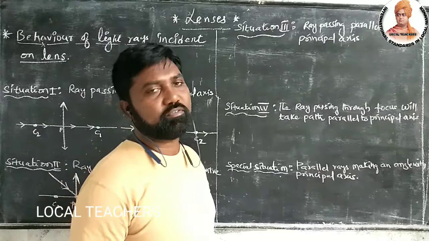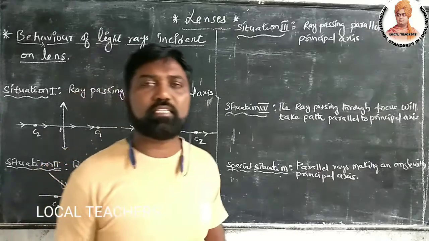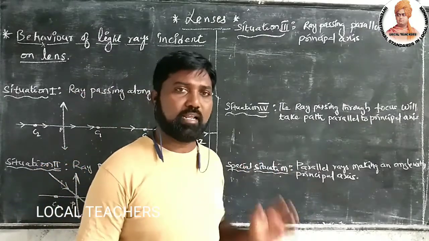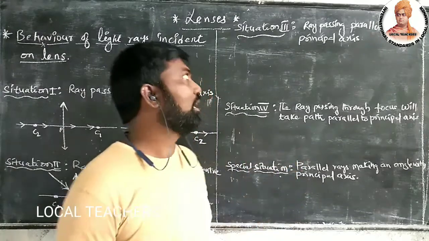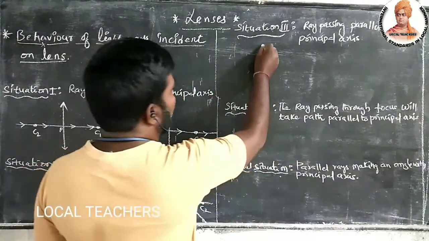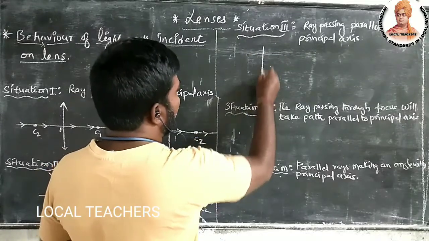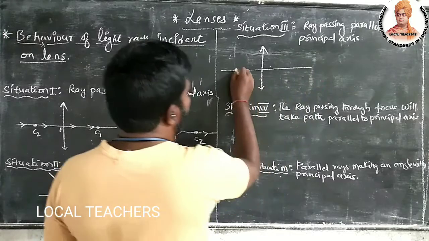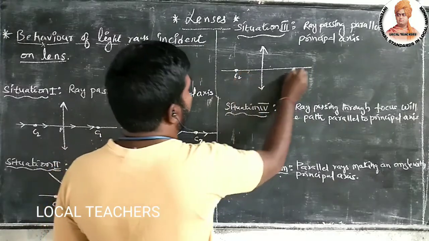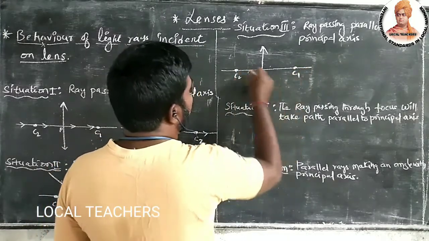Next we go to situation three. In situation three, we are considering rays which travel parallel to the principal axis. Here this is a convex lens, this is the principal axis, this is C2 and this is C1.